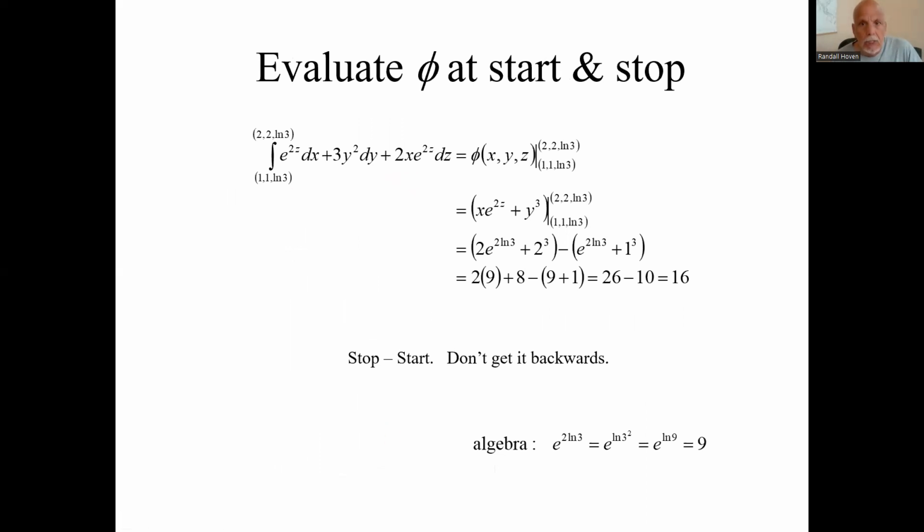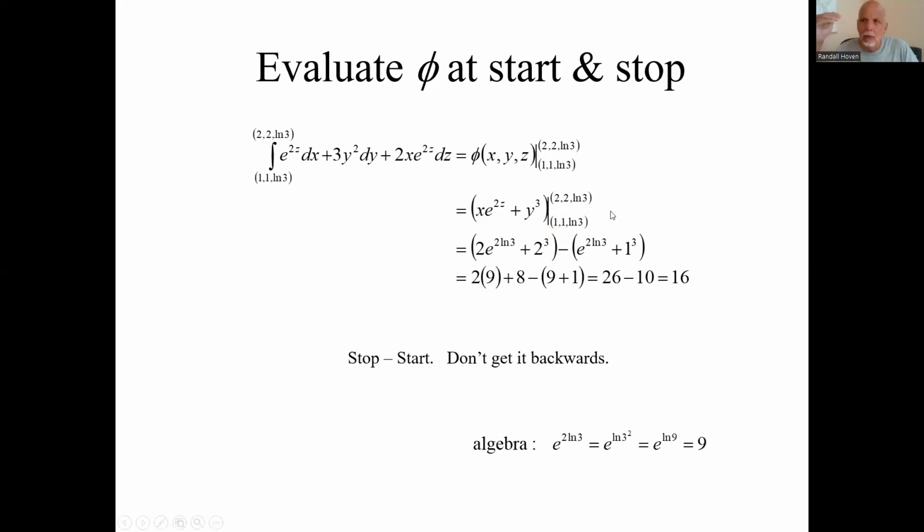Here was the integral we needed to take. Now all we need to do is evaluate that phi at the two endpoints. Here was the phi. Here are the two endpoints. x2, y2 is log 3: 2 e to the 2 log 3 plus 2 cubed, minus this guy.